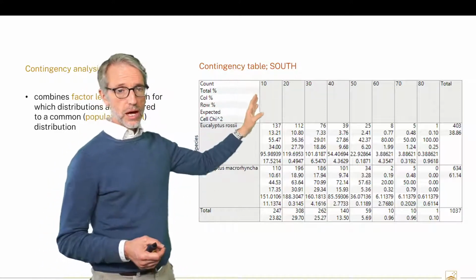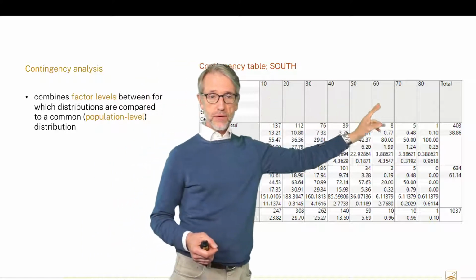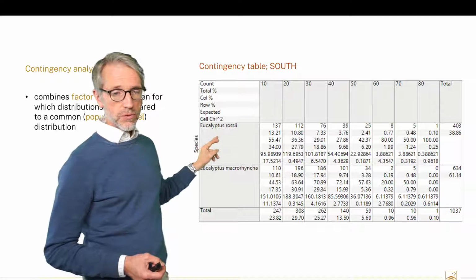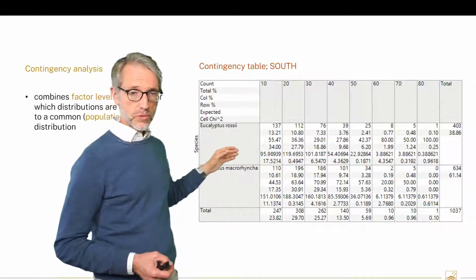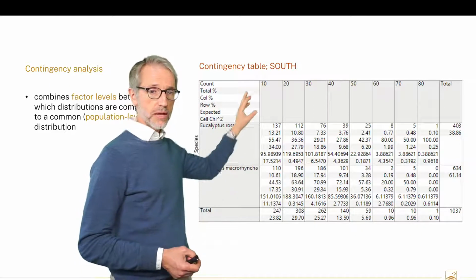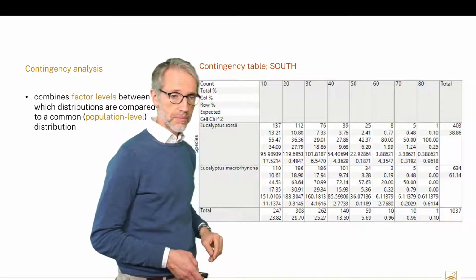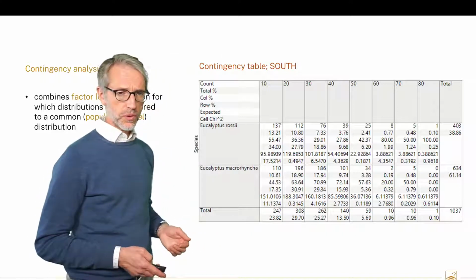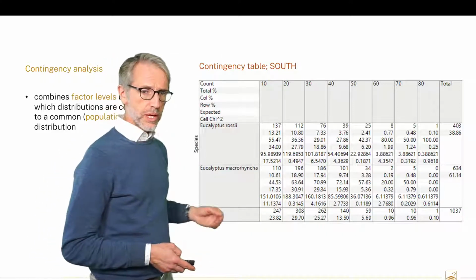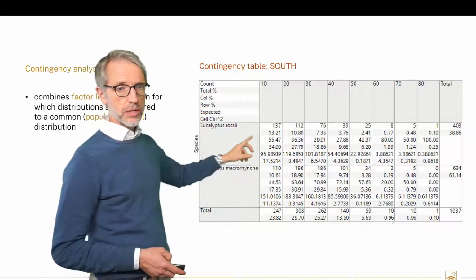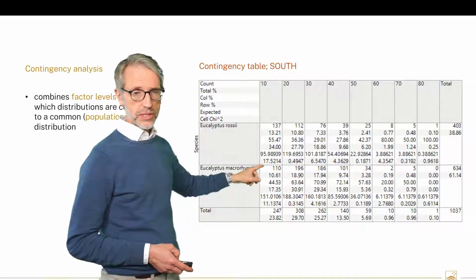So again, across diameter classes from 10 through to 80 there, for two different species, two separate sets of rows for those two different species, and of course it's just on south. Now we'd have to do the analysis again separately for north. Alright, so what do we have in here? We have a list of what we find in each of these cells.